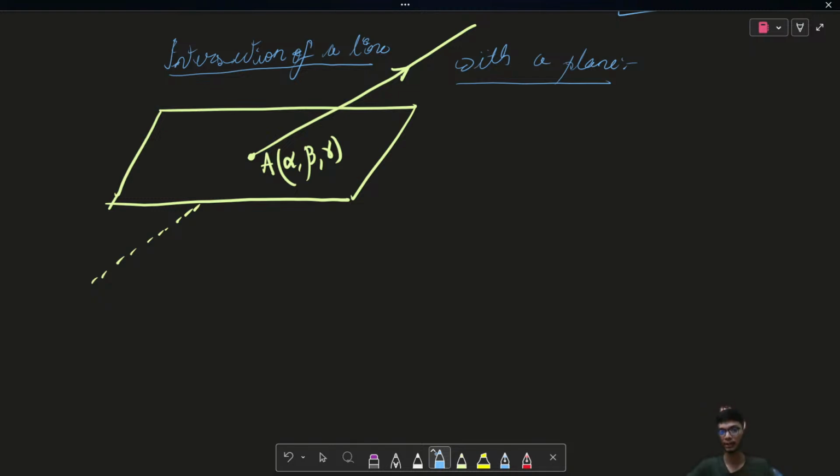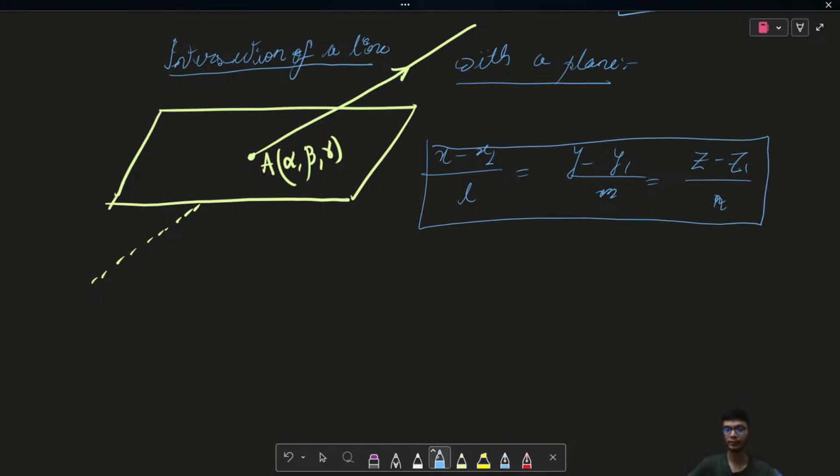The concept is very simple. Let us say the equation of the line is given something like this. This is the equation of the line that is already given to us, and we will already know the equation of the plane.